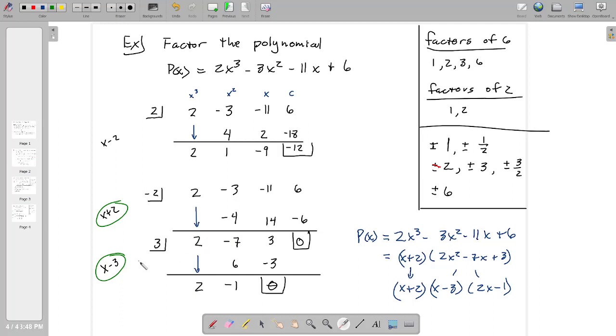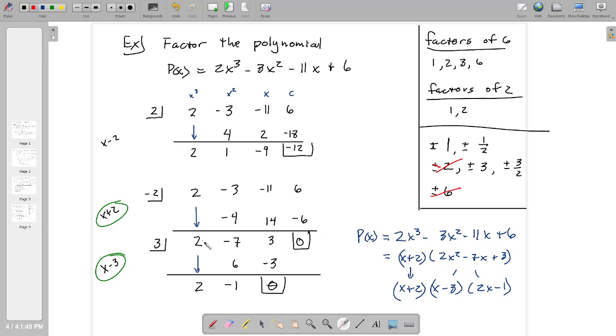So if we hadn't factored it yet, and we wanted to try to factor this polynomial, we could eliminate 6, we could eliminate 2 completely, and we would only have these 4 numbers. So it would be plus or minus 1, plus or minus 1/2, plus or minus 3, and plus or minus 3/2, because those would be the factors of 3 divided by the factors of 2.